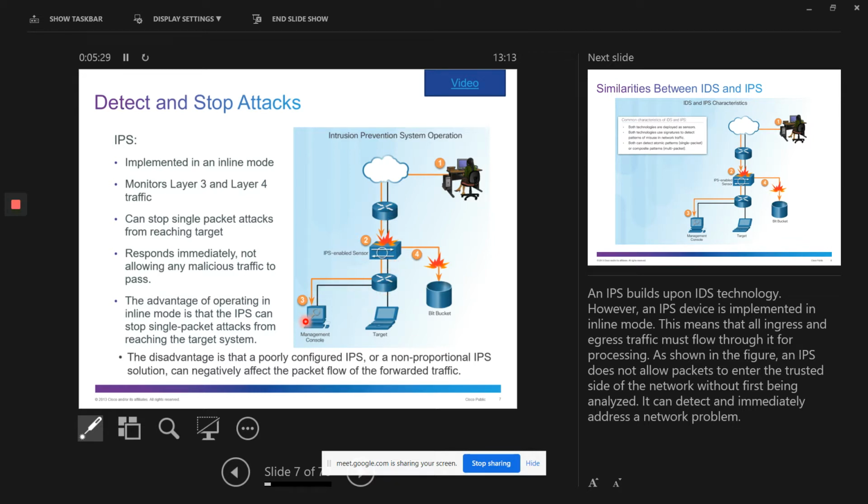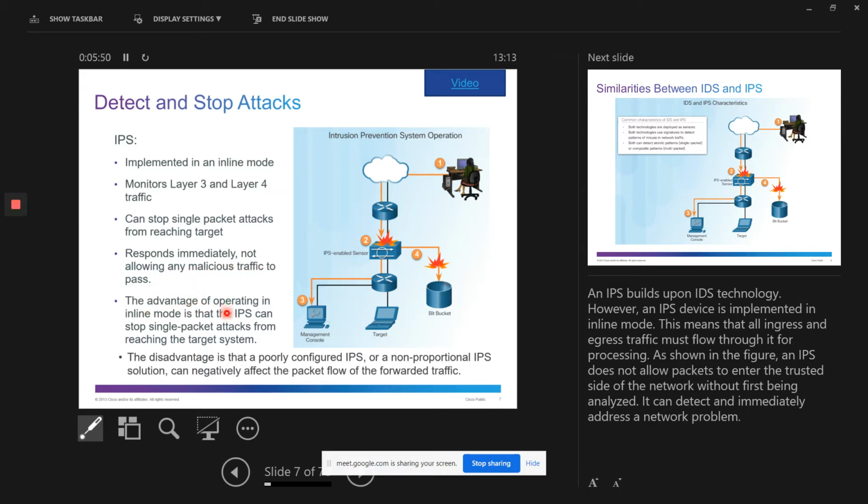Another advantage is that it can stop a single packet attack, which was the issue with the IDS. The IDS cannot stop a single packet attack because while it's monitoring, the packet is still going through the network. The IPS responds immediately, not allowing any malicious traffic to pass.